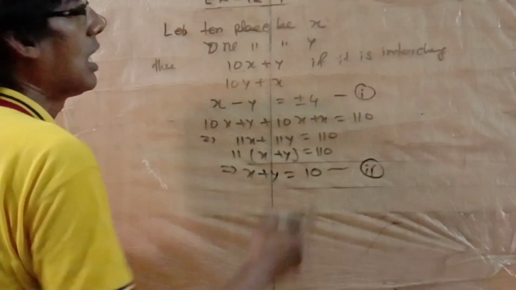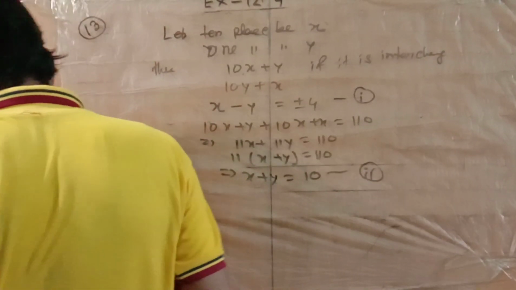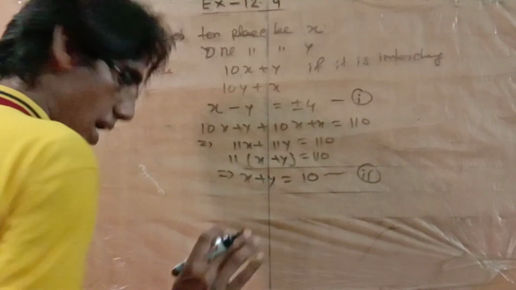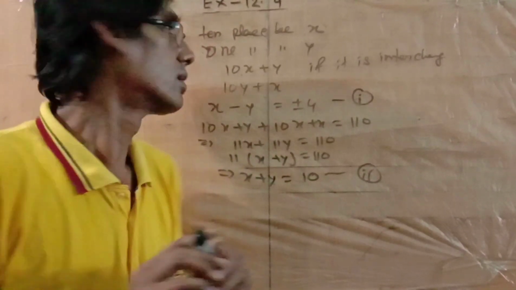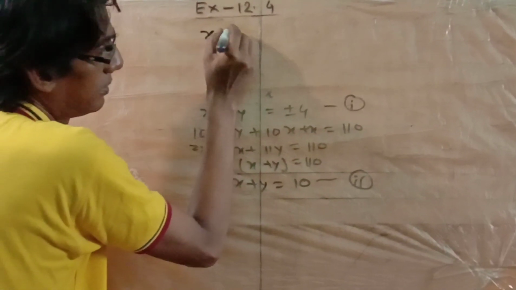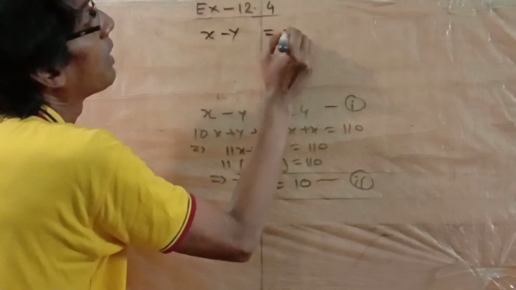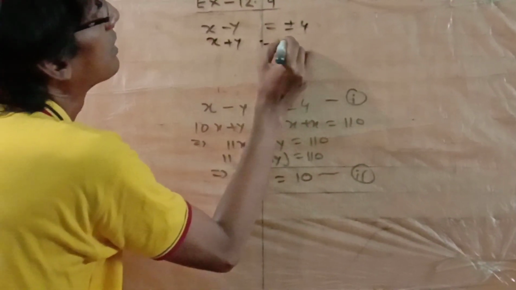Clear? Now adding 1 and 2, what do I get? Add equation 1 and equation 2. Equation 1, x minus y equals plus or minus 4, and x plus y equals 10.